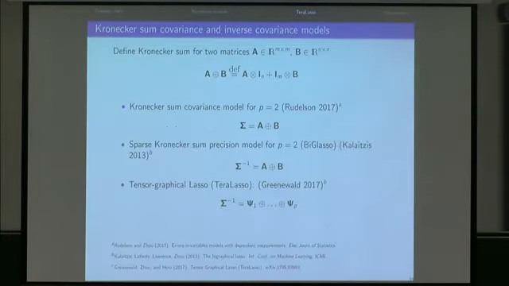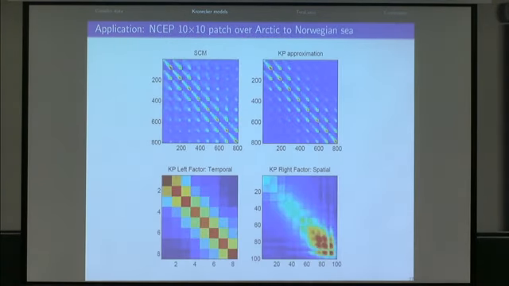You could try to fit a temporal model, like an autoregressive model or an ordinary differential equation model, to this covariance, because this is the temporal factor of the overall covariance. And then you'd fit a spatial model to this component.